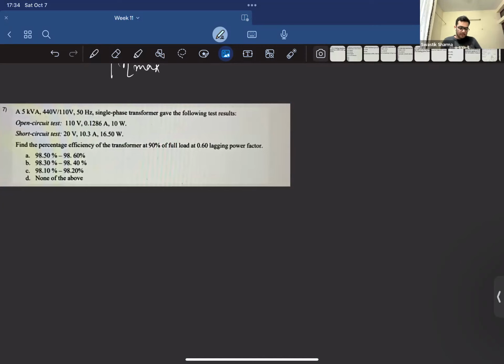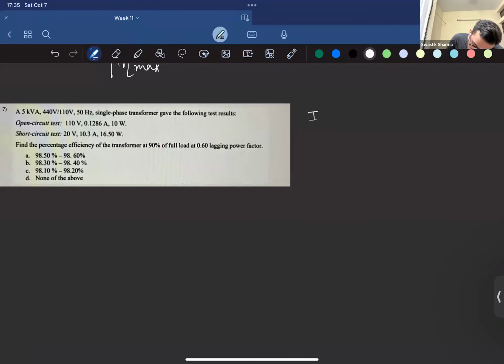Okay, so in this question, a similar transformer with similar open circuit test and short circuit test is given. We are required to find the percentage efficiency of the transformer at 90% of full load at 0.6 lagging power factor, right? So I2 full load will be 5000 upon 110, right?